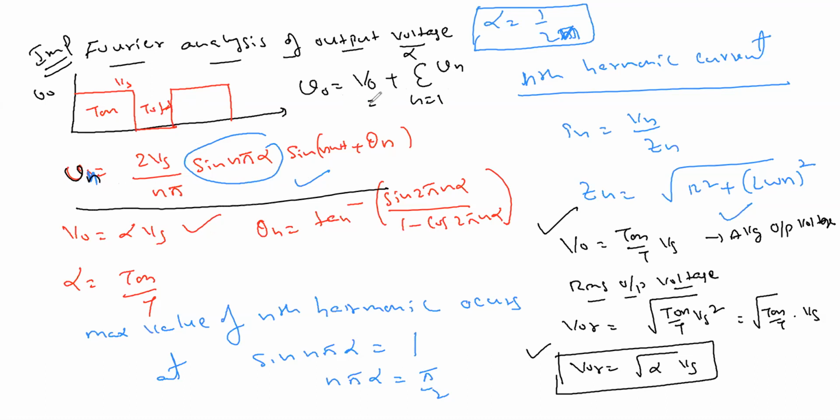How do we write the Fourier series? a naught plus sigma n to infinity cn, right? So that a naught is the DC value. When the waveform is symmetrical, this DC value becomes 0. a naught becomes 0, we saw that until now. But here it will not be 0, this constant value will not be 0. Okay? But we have to find the other harmonic content also here. Please copy that. We'll move on.